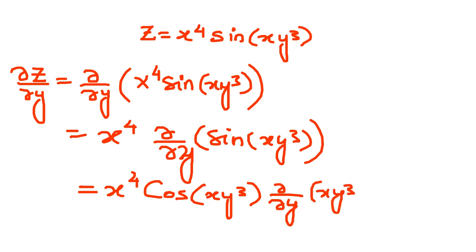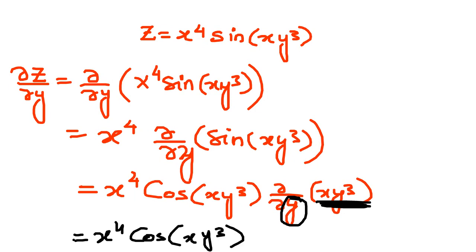and now you have to take the partial derivative of x y power 3. Now who will tell me the partial derivative of this one with respect to y? x power 4 cosine x y power 3. What is the derivative of x y power 3 with respect to y? 3x y power 2.